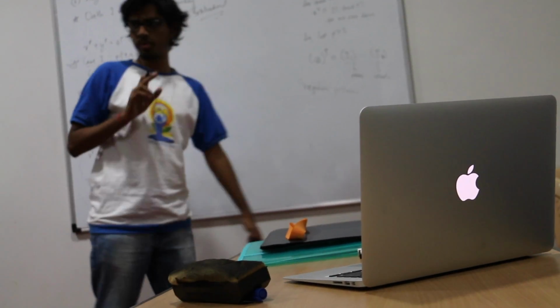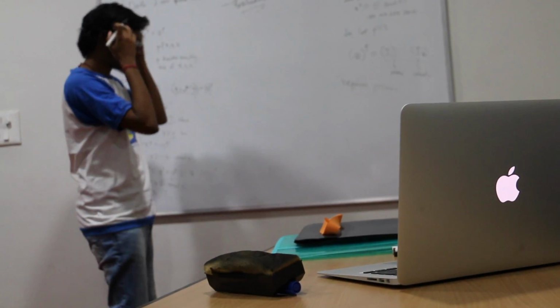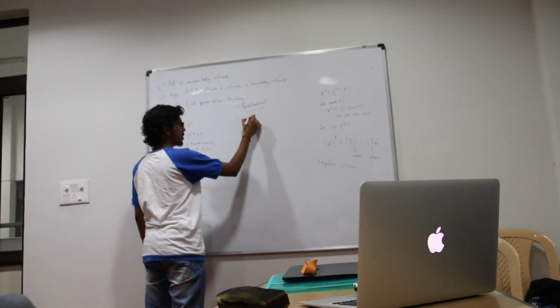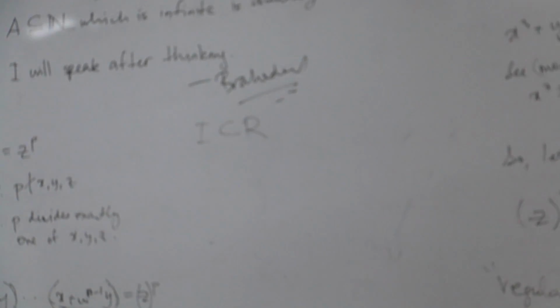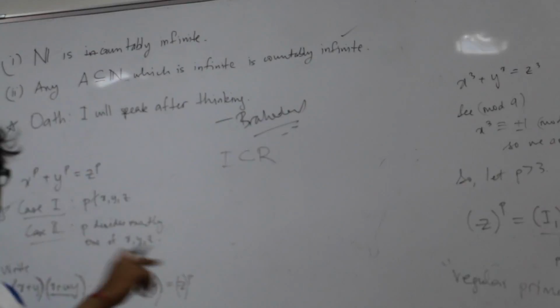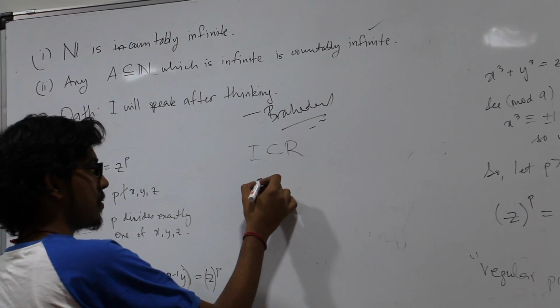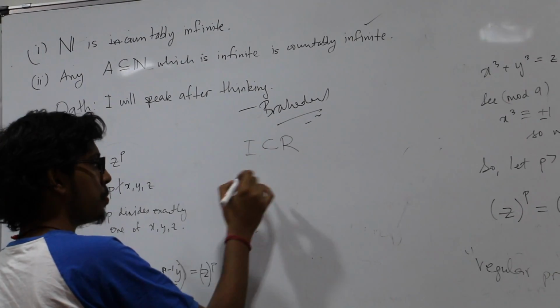By the way, I mentioned what an ideal is last time. For those of you who are not here, this is what an ideal is. An ideal is a subset of a ring. R is a general ring, ring meaning there is addition and multiplication. An ideal is a subset of a ring which satisfies certain properties. First of all, it's a subgroup.